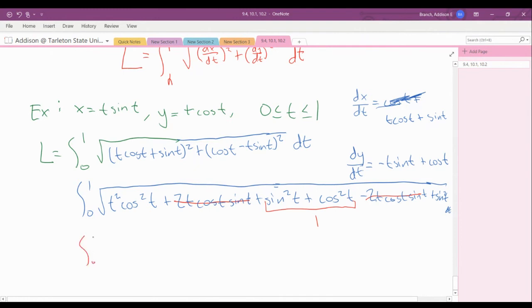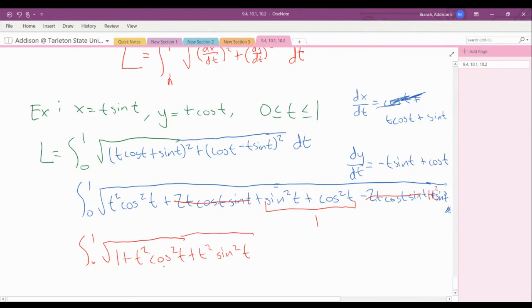So we can get down to the square root of 1 plus t squared cosine squared of t plus a t squared sine squared of t.